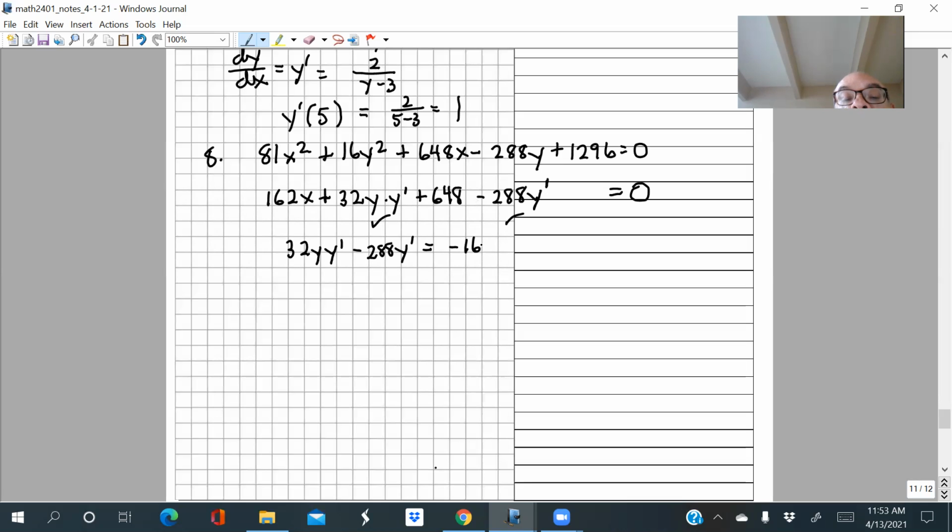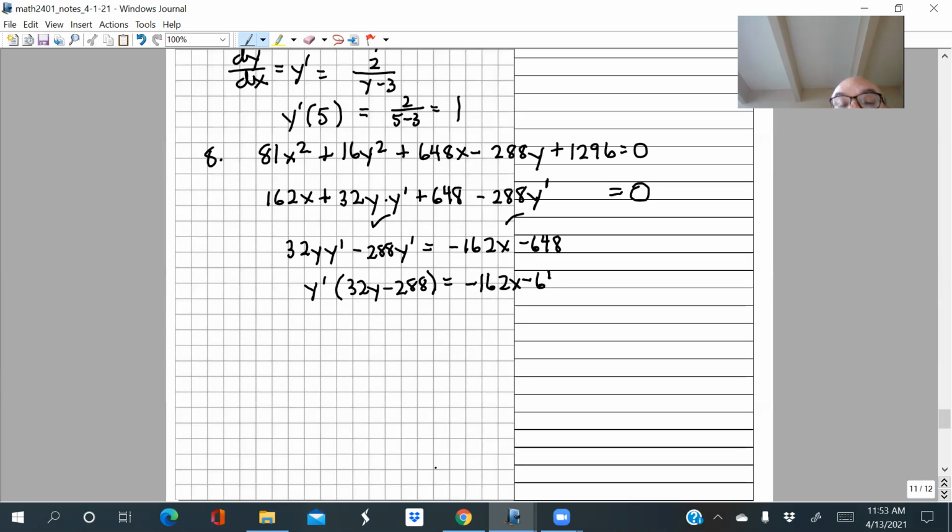So I have minus 162 times x minus 648. Remember, we're trying to solve for y prime now. So factor y prime out of the left-hand side. You get y prime times 32y minus 288 equals all of this.